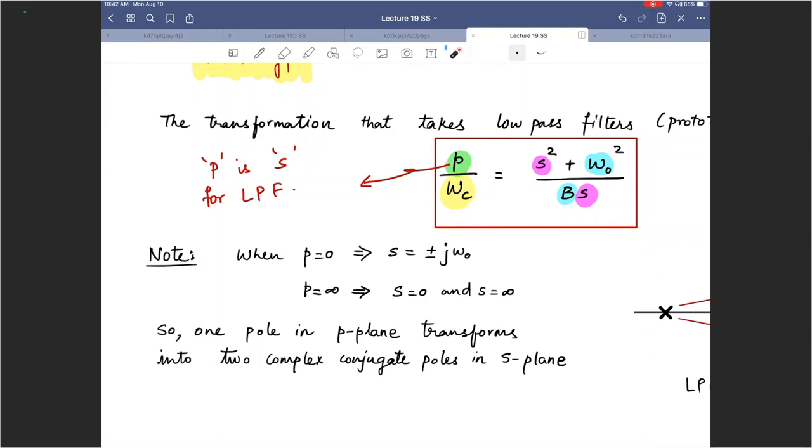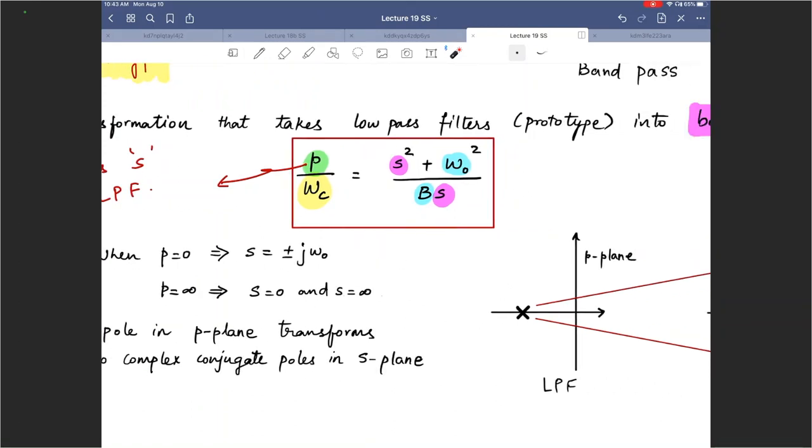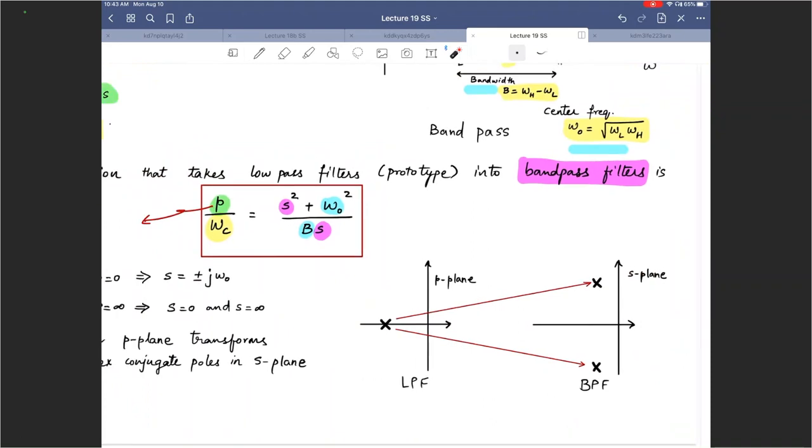So if you think of P plane being for the prototype filter, one pole in the P plane will transform to two complex conjugate poles in the S plane. For the low pass filter, we are talking about the P plane, and for the band pass filter, we are talking about the S plane.